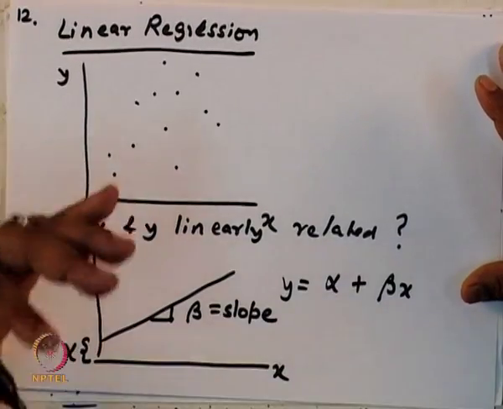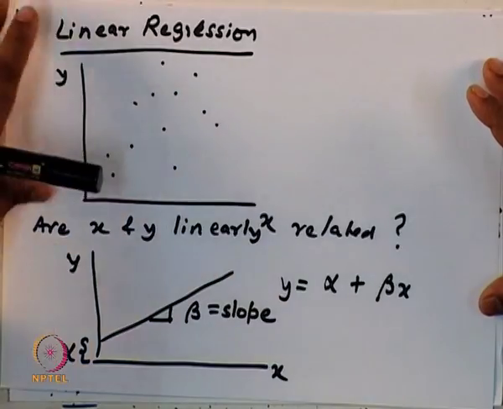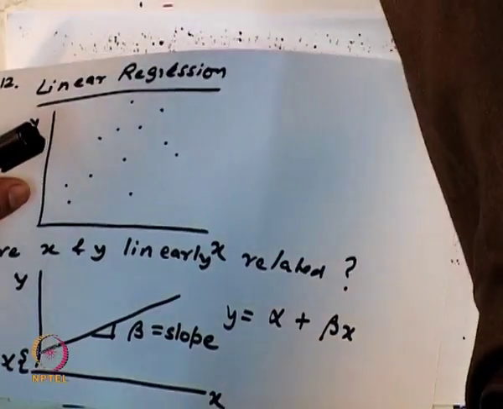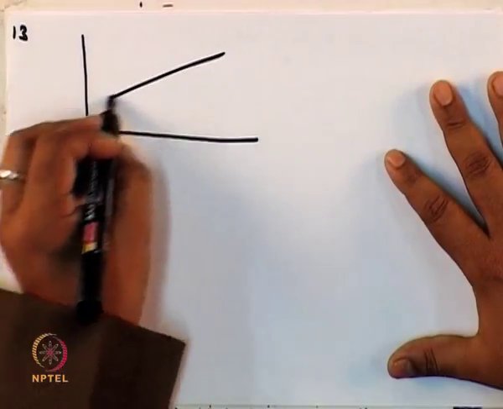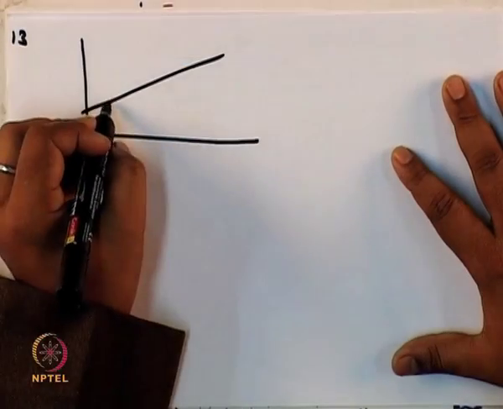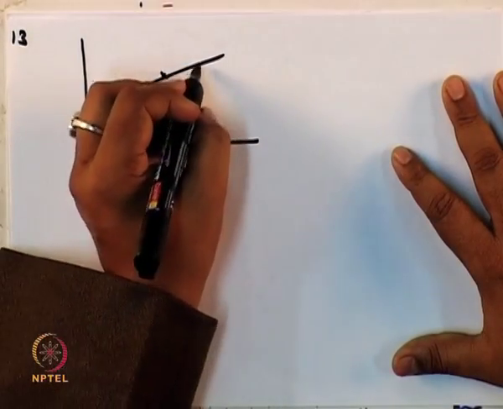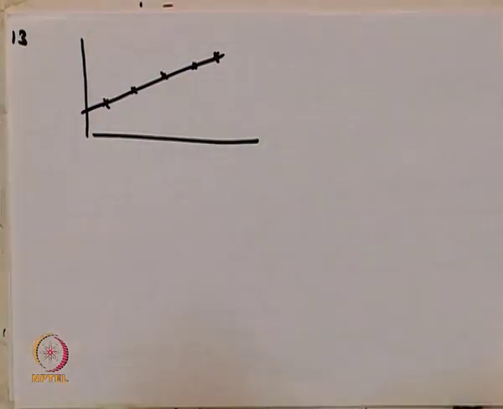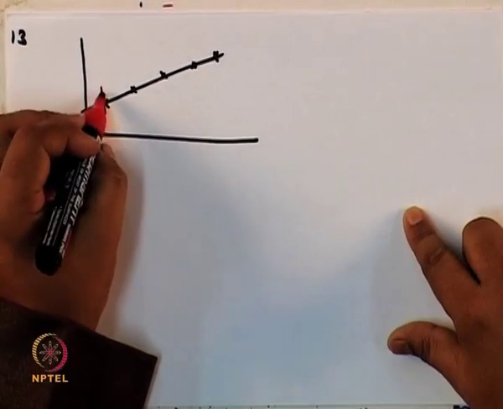So, to get an idea of this, what is often done is to say that on top of this line, imagine at all individual points I add a noise term.